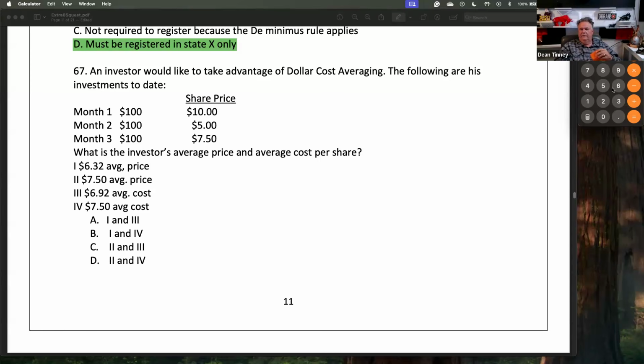There we go. Divide by 3. Boom. And Dean was correct. Roman numeral 2. Okay, now we take how many shares did we get at 100? We got 10 shares, and then we got 20 shares, and then we got 100 divided by 750, however many shares that is, and we divide, and we get 692.